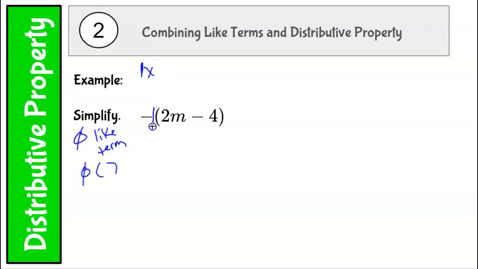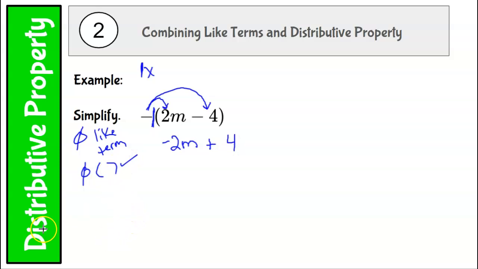Think of this as an understood -1 here that we're going to distribute. You can also think of it as just changing the signs of what's in the parentheses. This is a +2, so it's going to become a -2 when I distribute that -1 in. When I multiply along the arrows, -1 times -4 is +4.